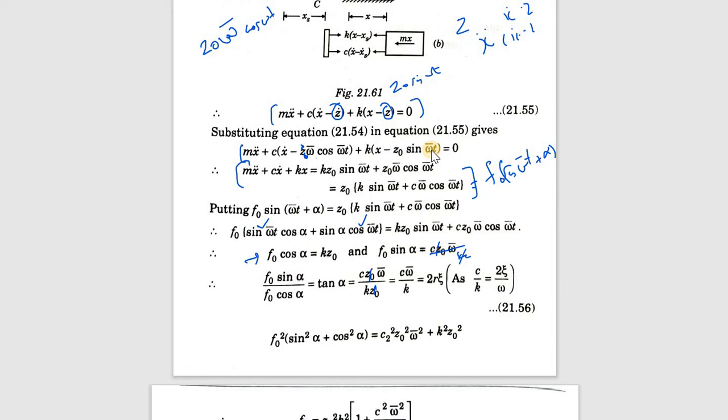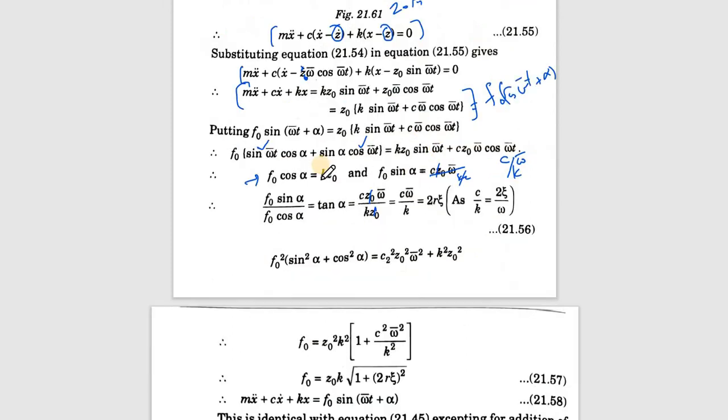So here you can see it will be c by k times omega dash. Now here, c by k is equal to 2 theta by omega.